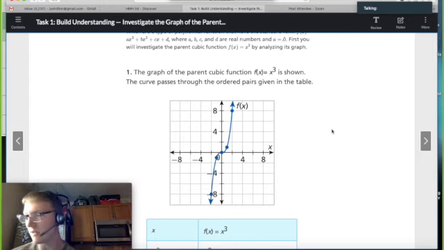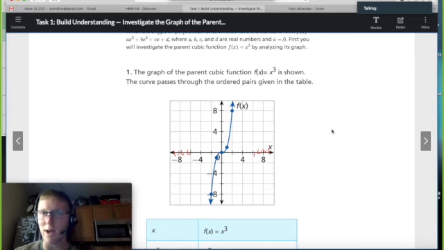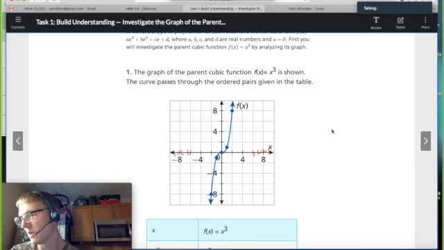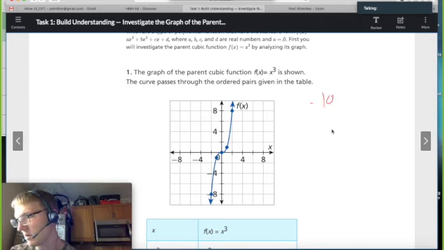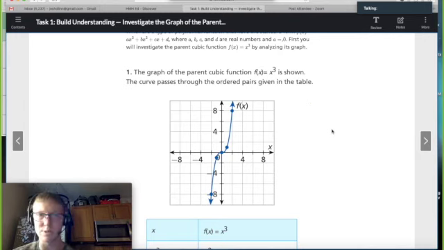Domain is going to be all x values, because even out here, there is an x value that would be defined. If you want to double check it, you can always do 100 cubed. Does that value exist? And the answer is yes. I'm not going to figure it out, but yes, it does exist. Does negative 100 cubed exist? Yes, it does. So our domain is all real numbers.